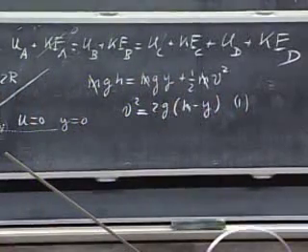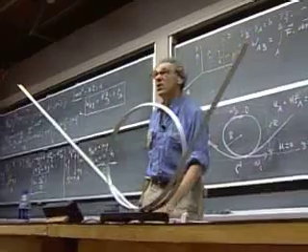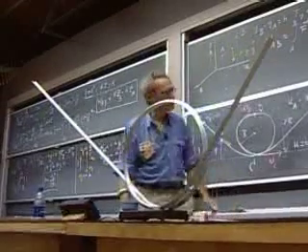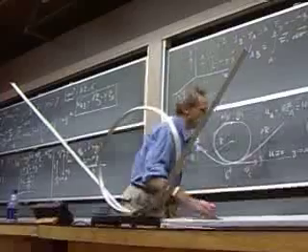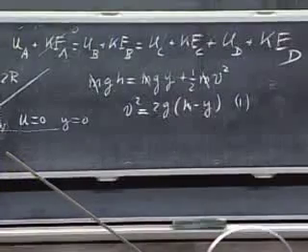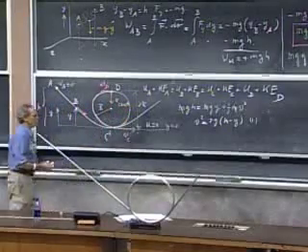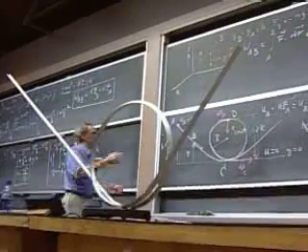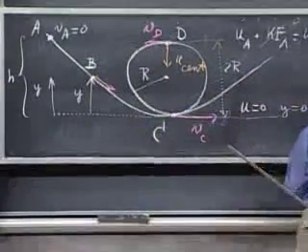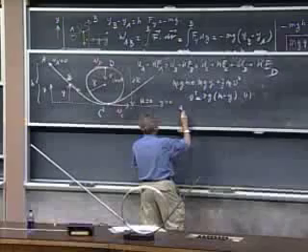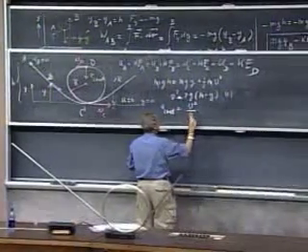Therefore, it should also hold for point D. However, at point D, there is something very important. There is a requirement that there is a centripetal acceleration, which is in this direction, a centripetal. And that centripetal acceleration is a must for this object to reach that point D. And that centripetal acceleration, as we remember from when we played with the bucket of water, is v squared divided by r.